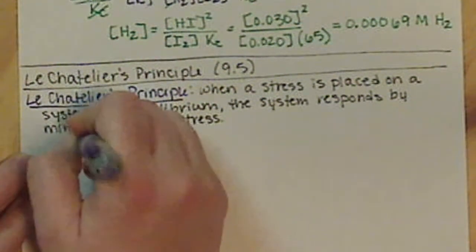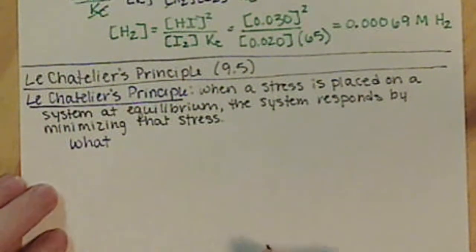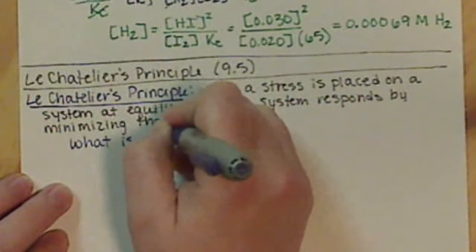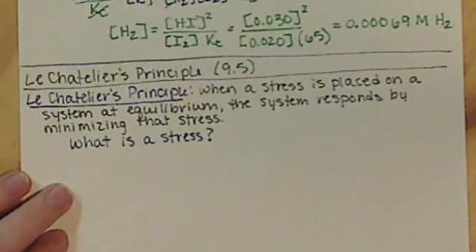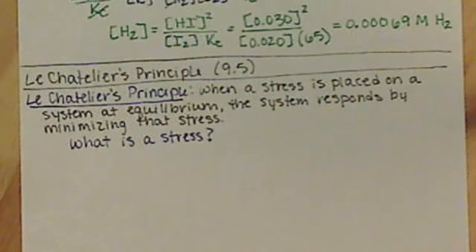I wish there was another word for this, but stress really is the best way to describe it. I know you guys are under enough stress as it is, so it's a little stressful to talk about stress. But that's what we're going to be doing. We're going to be stressing out this system. We're going to be adding something to it, or sometimes taking something away, in order to agitate it, stress it out. And then that system is going to shift in order to alleviate that stress.